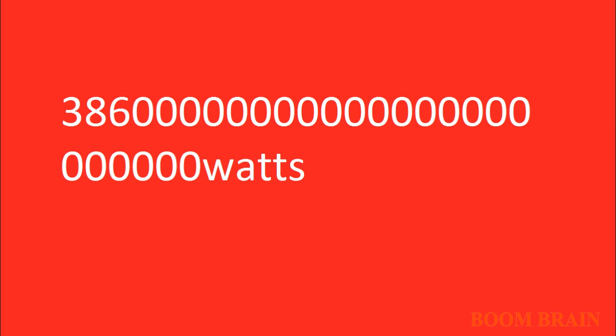The power output of our sun is equal to 386 billion megawatts, that is 386 into 10 to the power 7 into 10 to the power 10 into 10 to the power 6 watts.